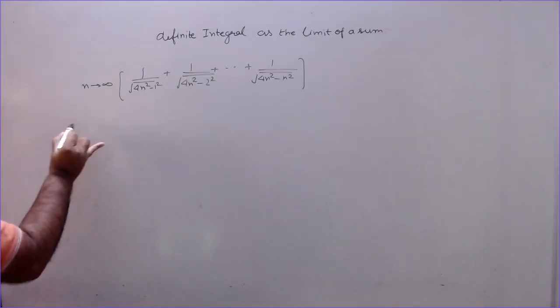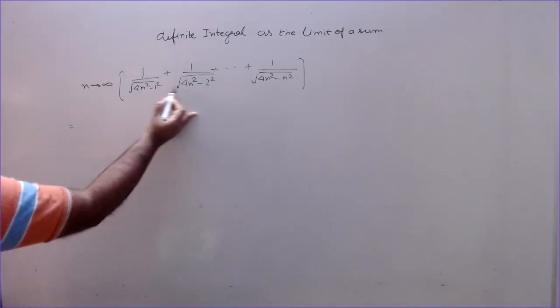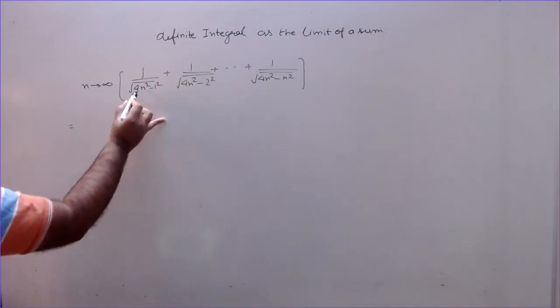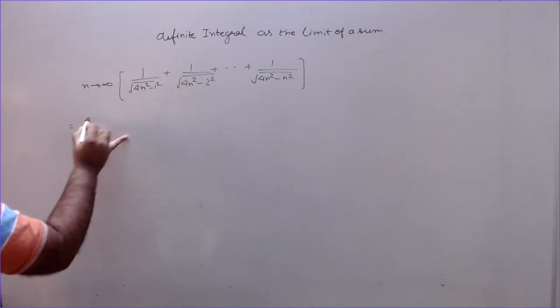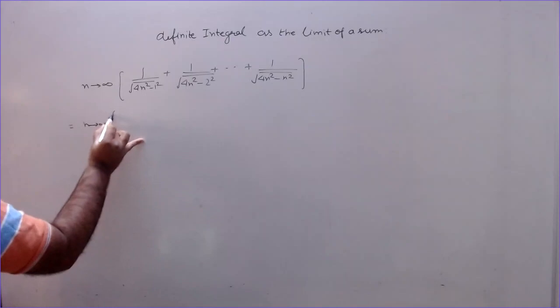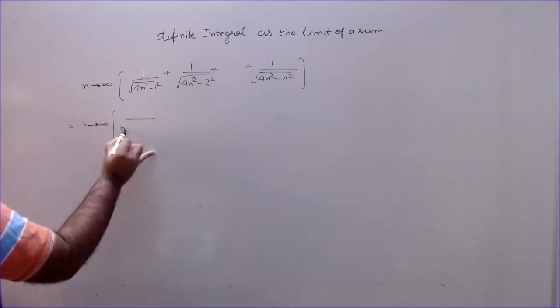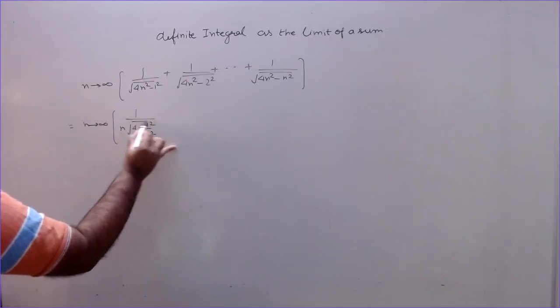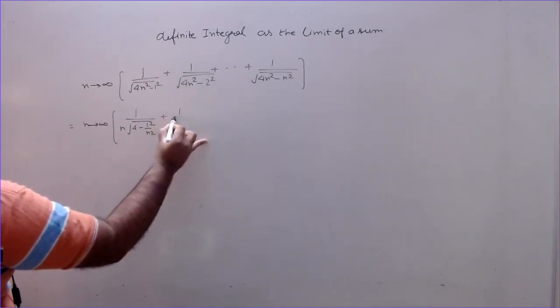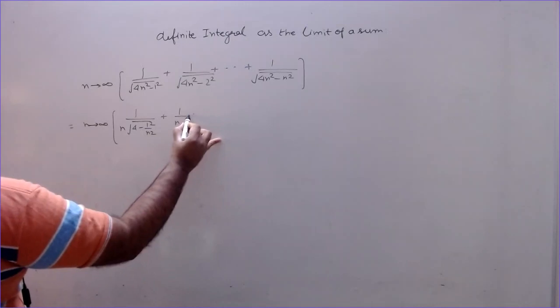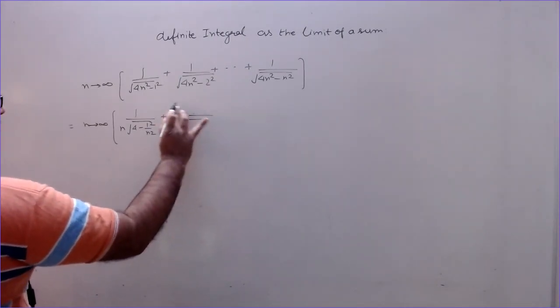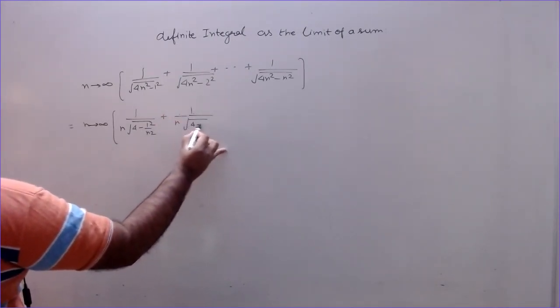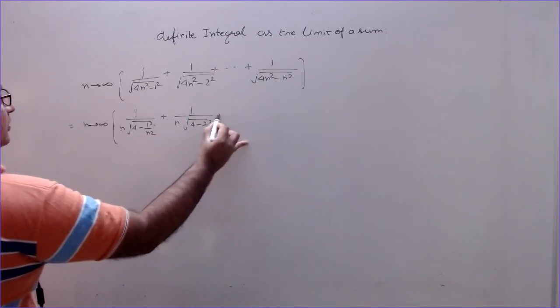So this can be, if I take n square common out of all these, when I take this outside, this will be n, and this is 4 minus 1 square over n square, plus second here 1 by n under root 4 minus 2 square by n square, and so on.